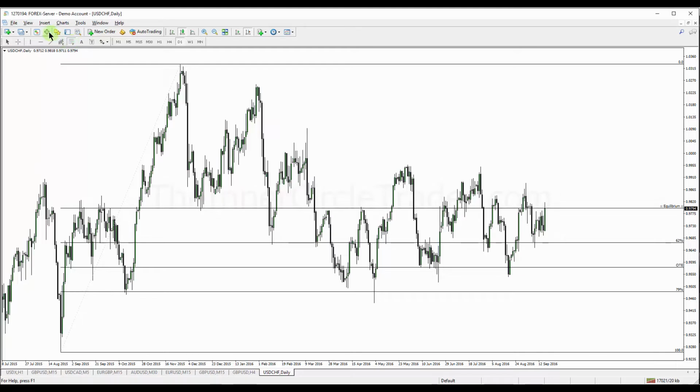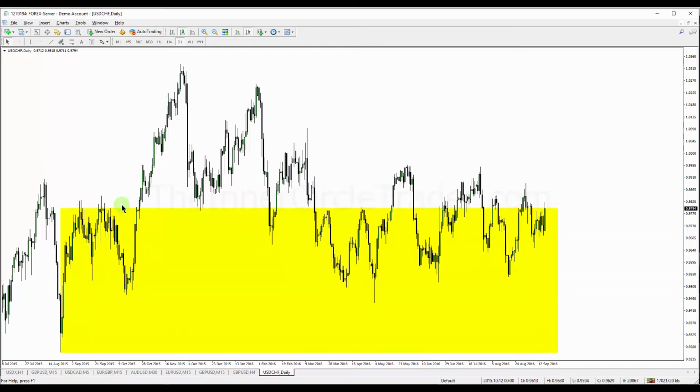actually, let's do this. Let's shade this area. And that way we'll understand that anything below here, that's in a high probability or discount market. Okay?